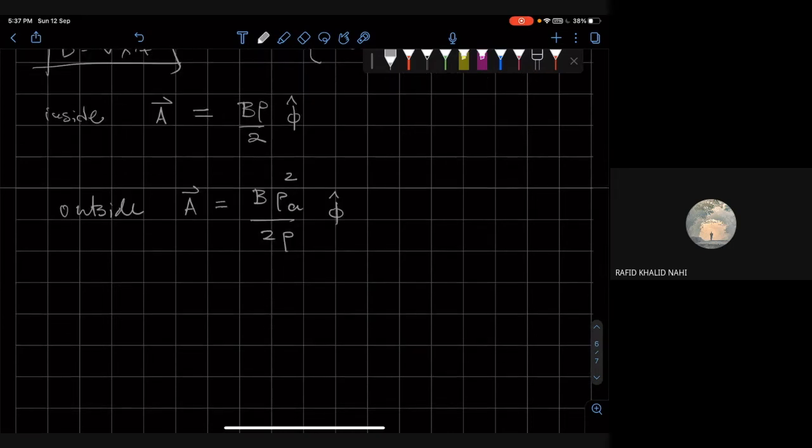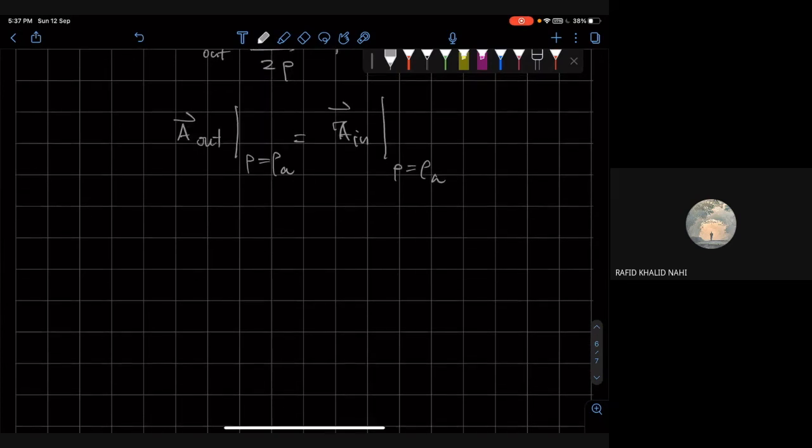And as you can see, let's call this out and this in. A outside at rho equals rho A is equal to A inside at rho equals rho A. So they match. So it's continuous.